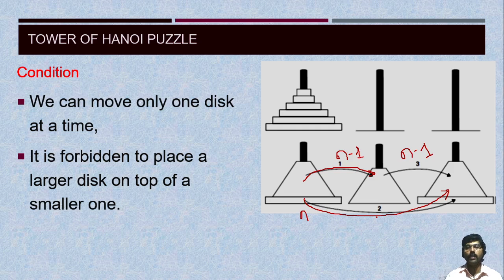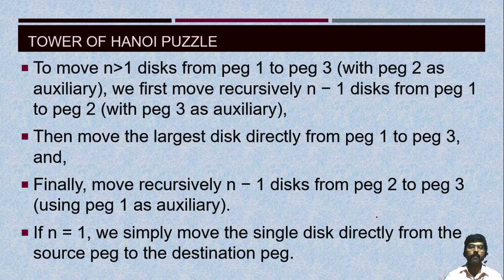Now I will explain the same concept in a little more detail. If you have n discs, n is always more than 1. You have to move the nth disc from peg 1 to peg 3.